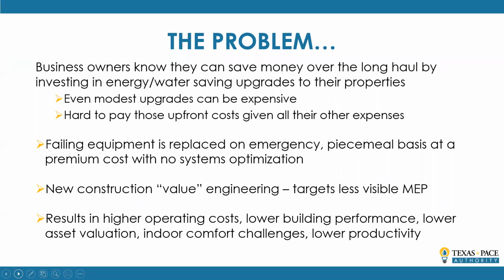So given the high upfront costs and all the other expenses, either the projects don't get done or they get kicked down the road to where they have to be replaced on an emergency basis. And that's a challenge because chillers don't go out in December. Typically, they go out in July.